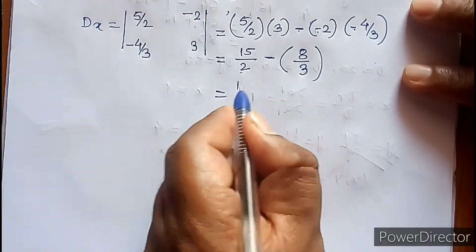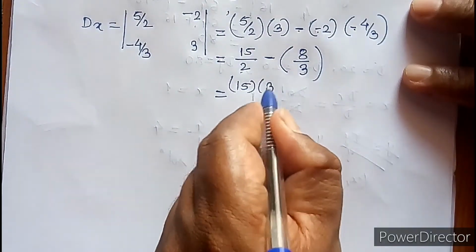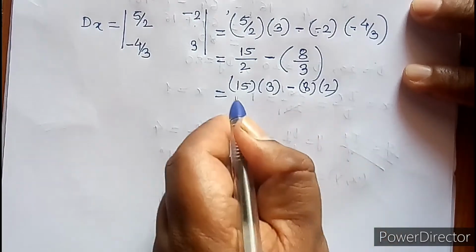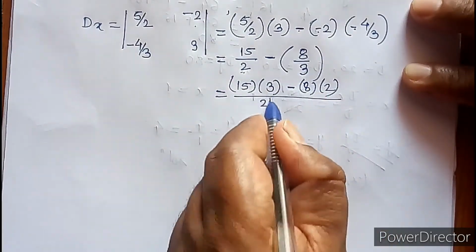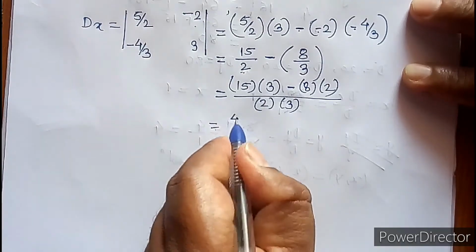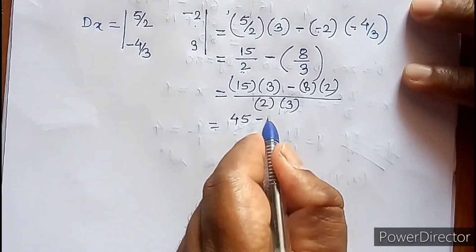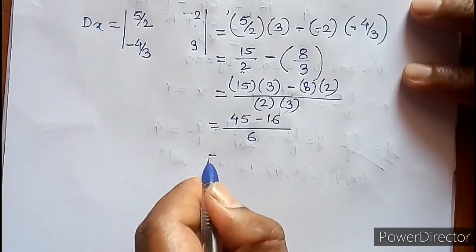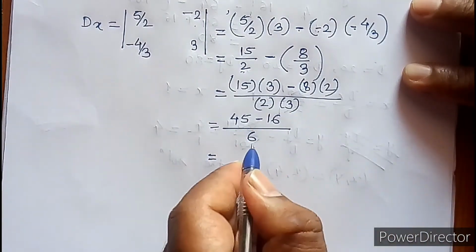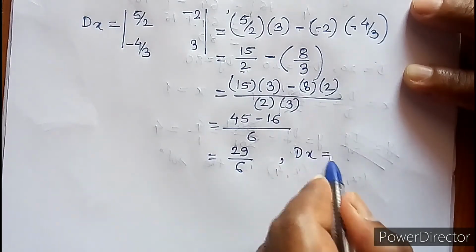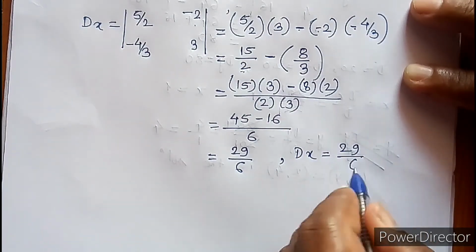Now cross multiply this: 15 into 3 minus this 8 into 2 divided by this 2 into 3. Now we get here 15 into 3, it will be 45 minus 8 into 2, it will be 16 divided by 6. This is simple calculation, that is 45 minus 16, 29 by 6. Therefore write down here dx equals to 29 by 6.